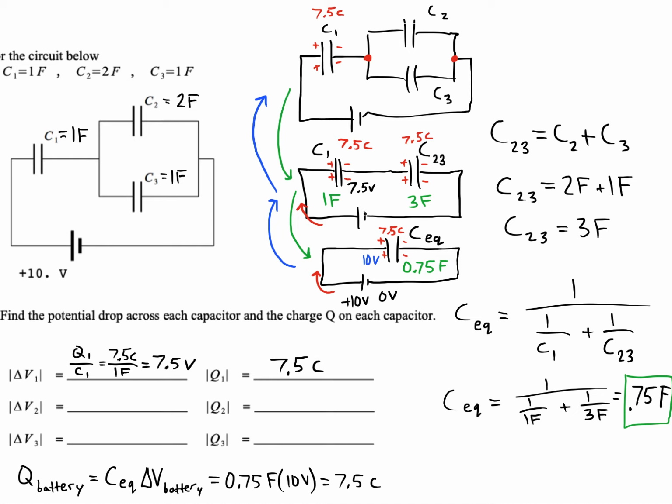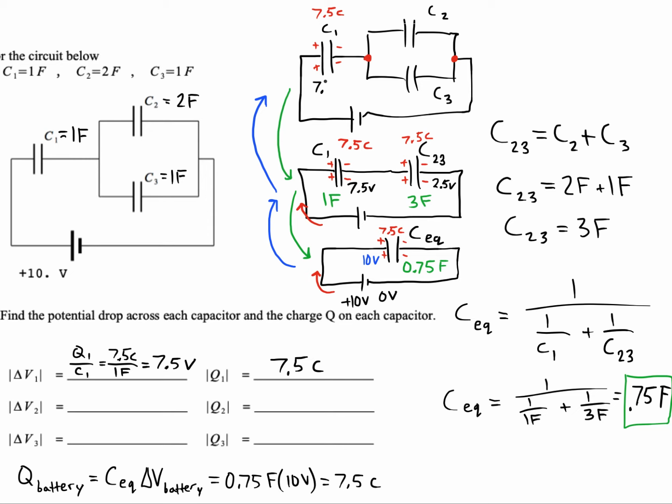And we also know that we have to drop a total of 10 in any loop of getting from the positive terminal back to the negative terminal. So that's one way we can find that the voltage drop across this capacitor must be 2.5. Another way to do it would be simply to take the 3 farads of capacitance and the 7.5 coulombs and just divide to find that 2.5 volts as well.